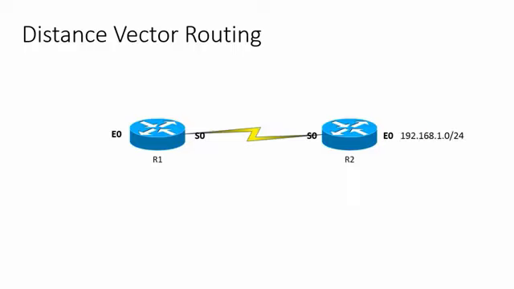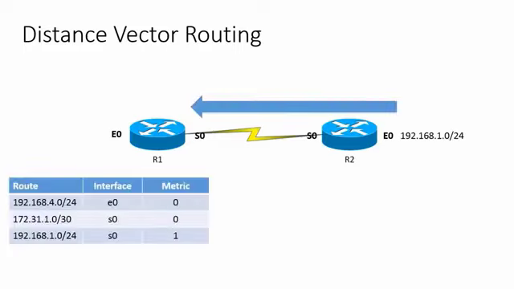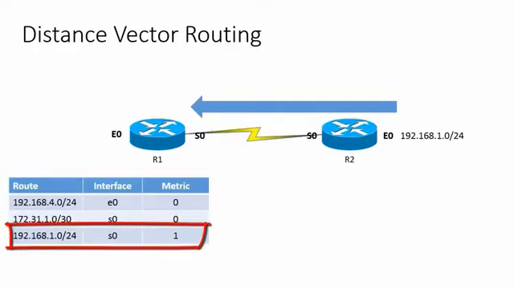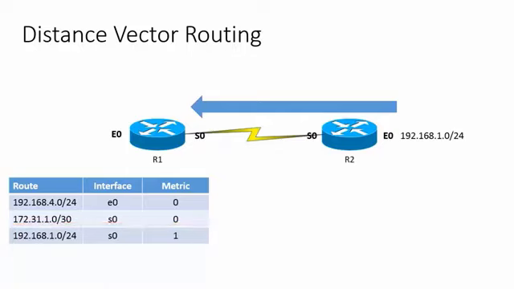As you can see here, we have a basic point-to-point network, router 1 connecting to router 2 over serial interface, and then a network 192.168.1.0/24, which is then advertised out serial 0 over to router 1. Router 1 then learns that route and places it in its routing table, as you can see here, with a metric of 1 hop. Now, what if Ethernet 0 on router 2 were to go down and the network were no longer available?